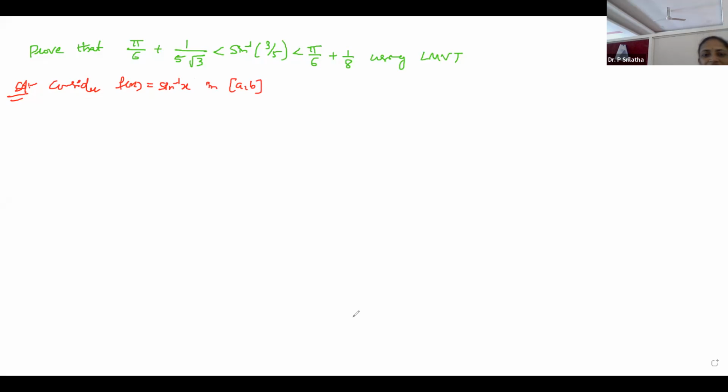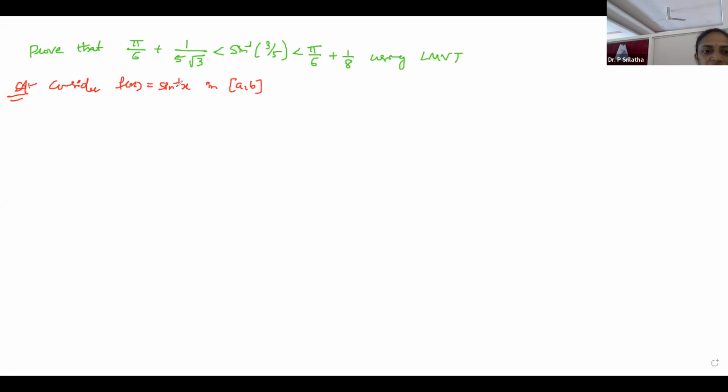Very good, roll number 73. B value is 3 by 5. A value is 1 by root 3, that is sine 30.